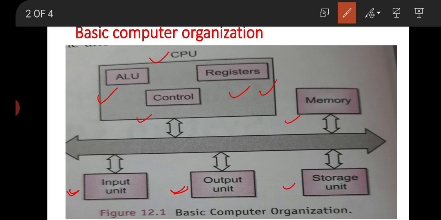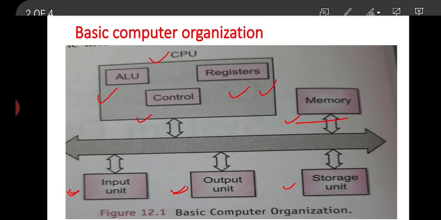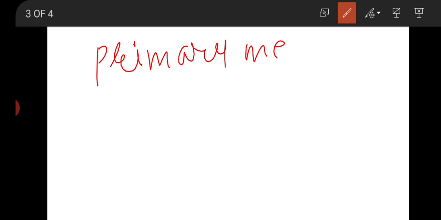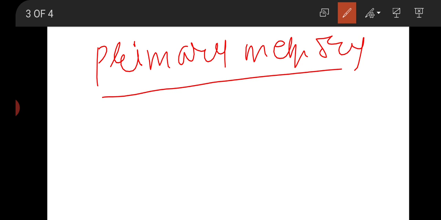Next is the memory unit. There are two memory units. The first one is primary memory and the second one is secondary memory.